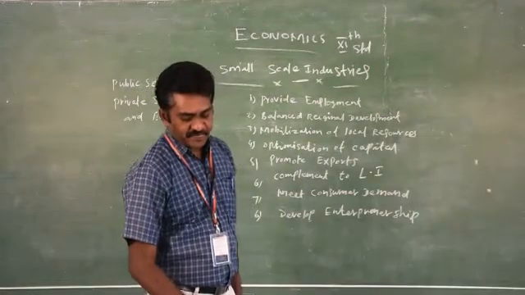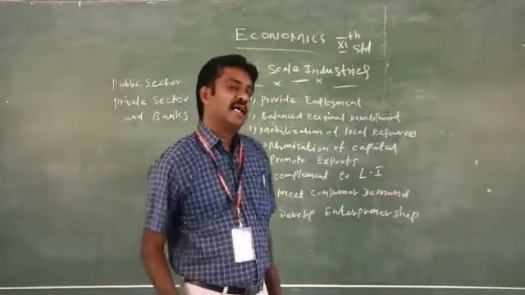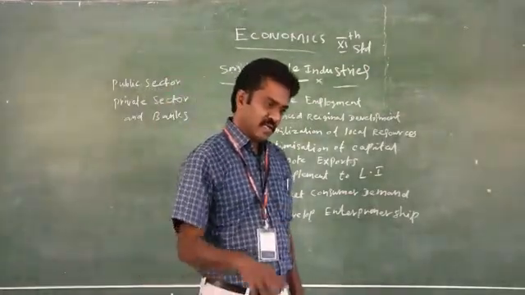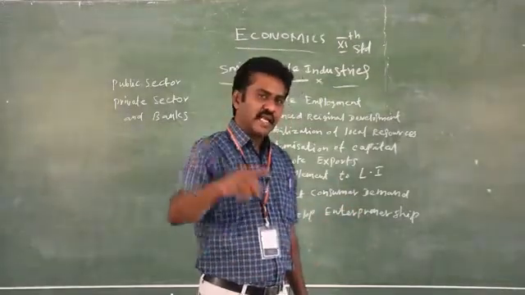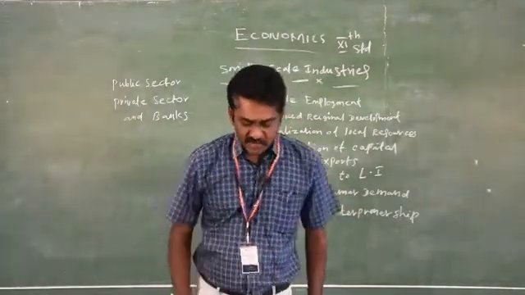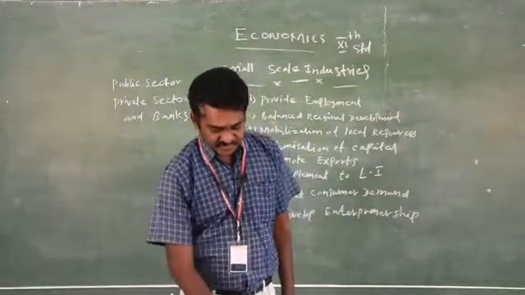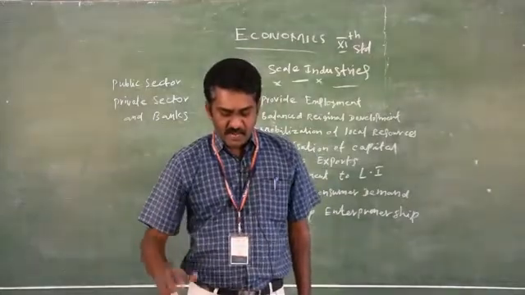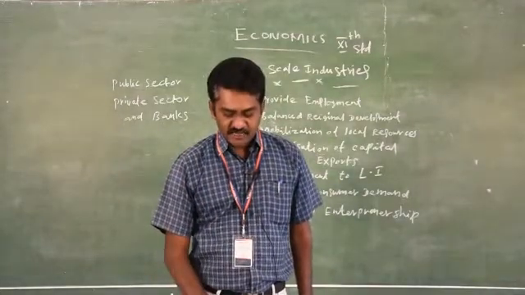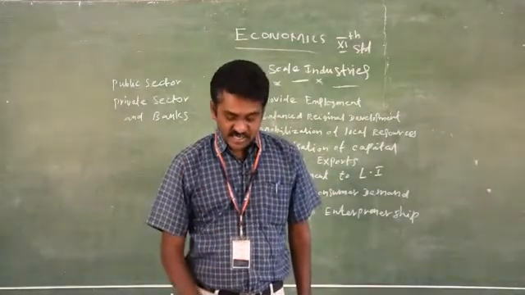And next one, complement to the large scale industries. Even though they are small scale industries, they give the complement. What is their complement for the large scale industries? SSIs play a complementary role to the large scale sector and support large scale industries.